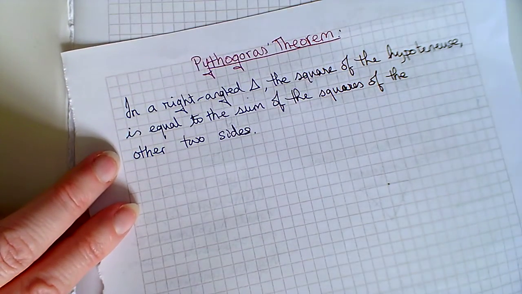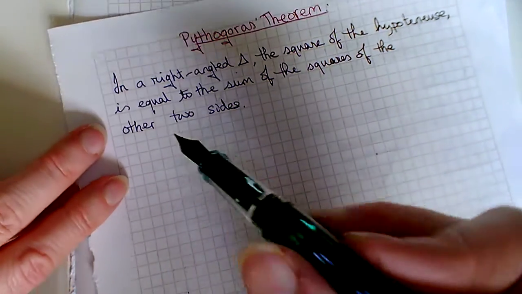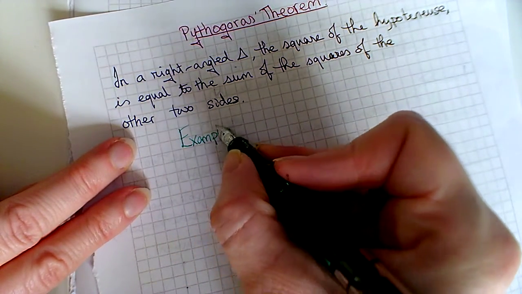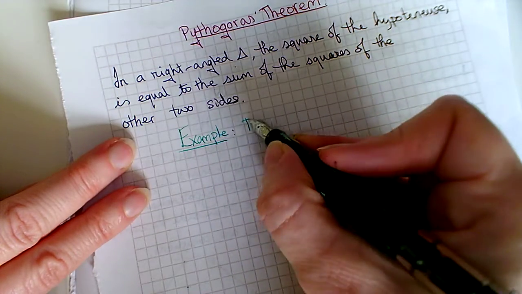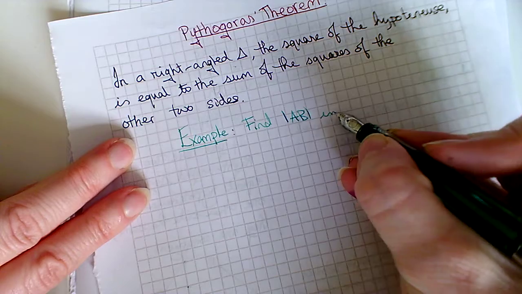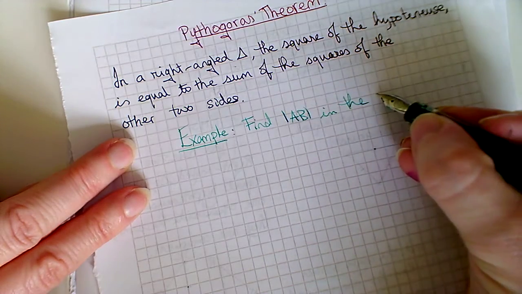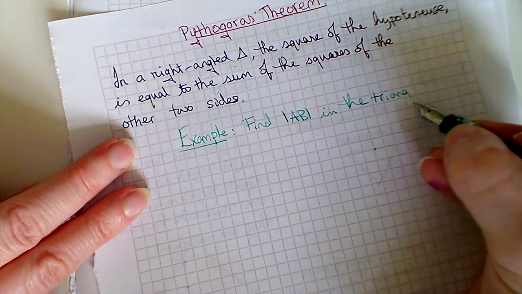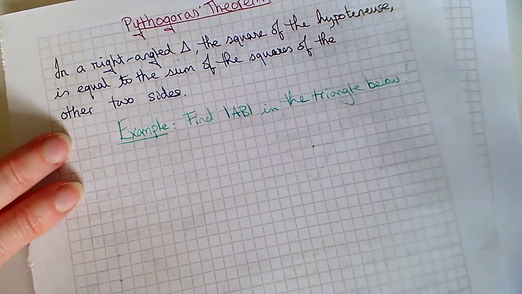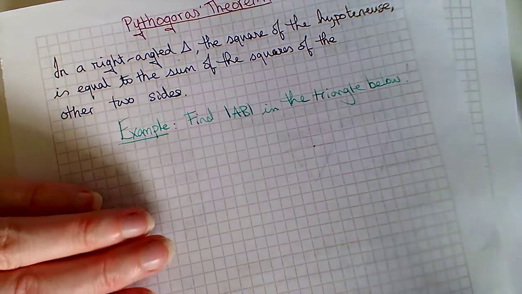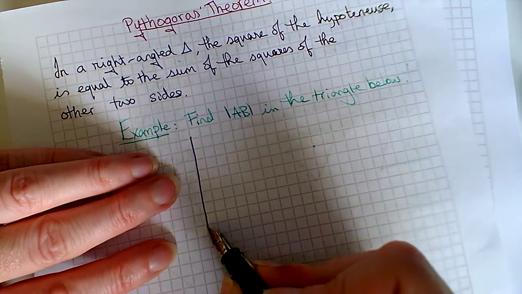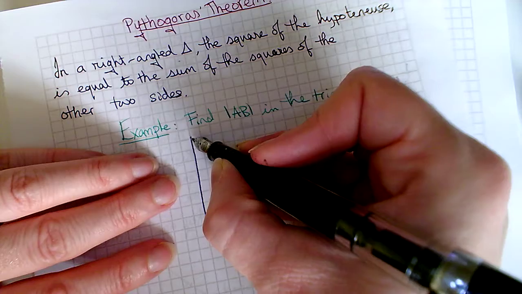I'll just do a quick example because I've given you some of these to do for homework. So for example, we want to find the length of AB in the triangle below. So I'm going to draw a triangle. I'm going to make it a right-angled triangle, like this.